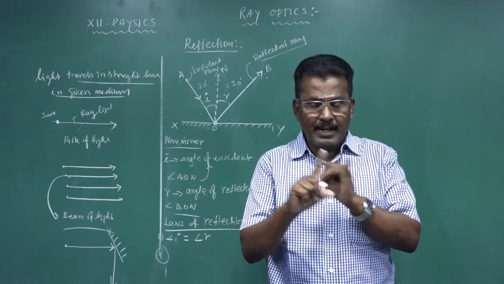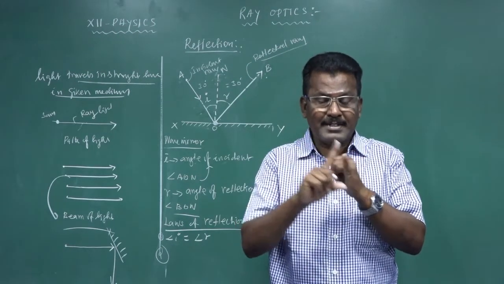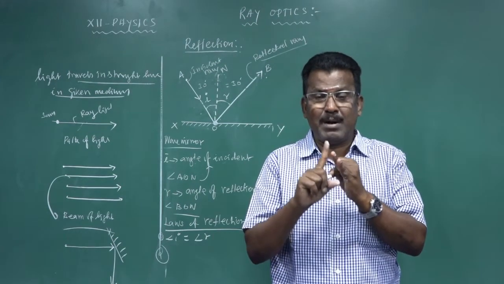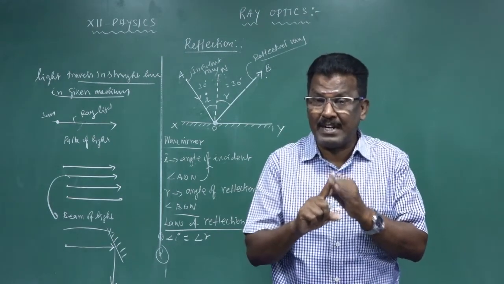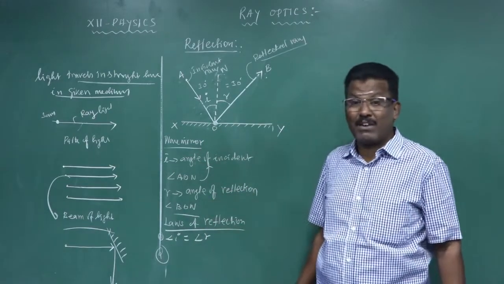The incident ray, the reflected ray, and the normal drawn to the surface at the point of incidence all lie in the same plane. So these are called the laws of reflection.